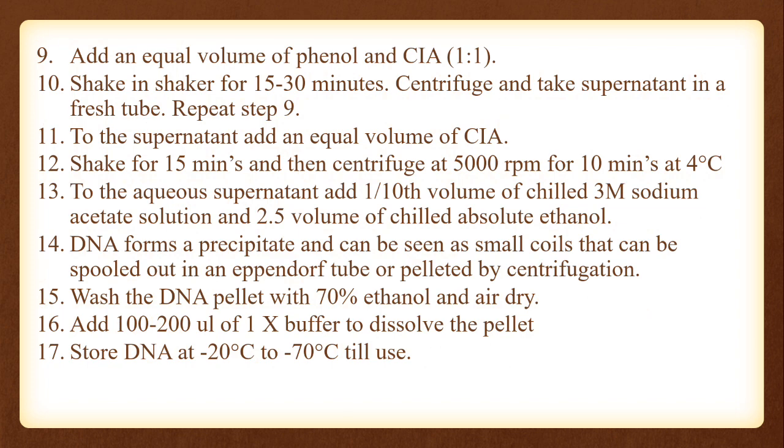Then wash the DNA pellet with 70% ethanol and air dry. Then add 100 to 200 microliters of 1x buffer to dissolve the pellet and store the DNA at minus 20 degrees centigrade to minus 70 degrees centigrade till use.